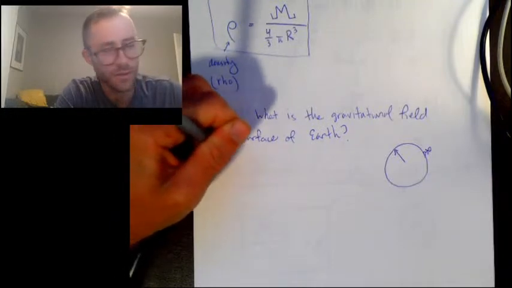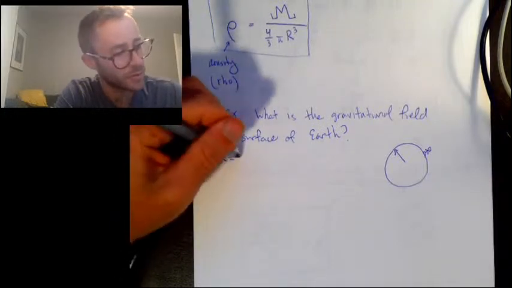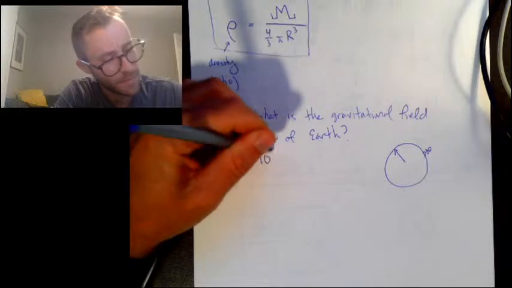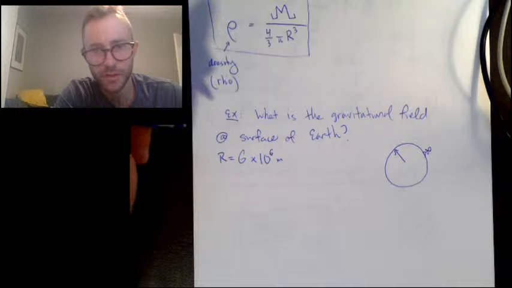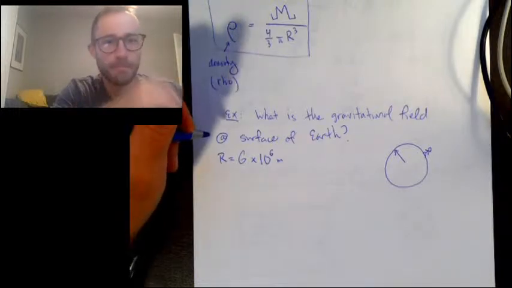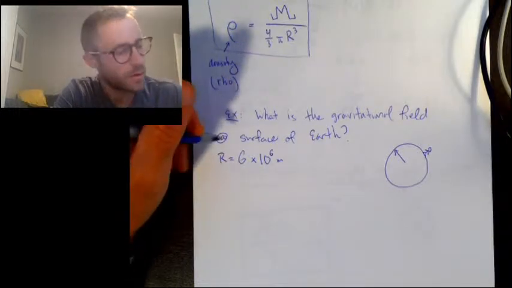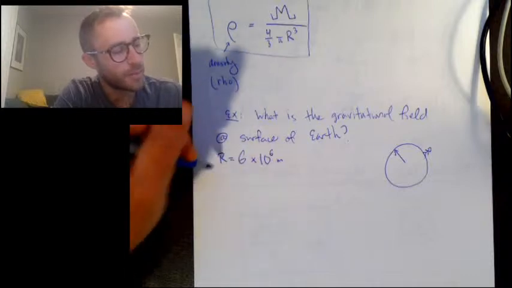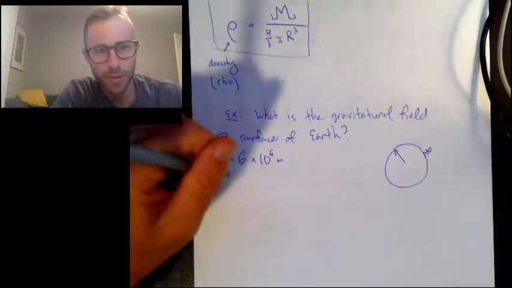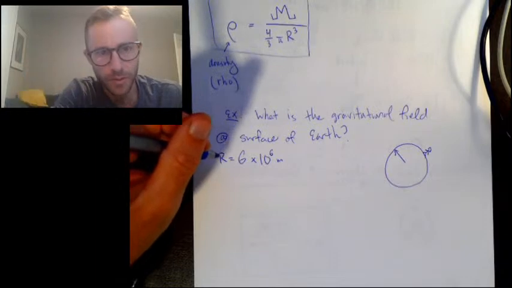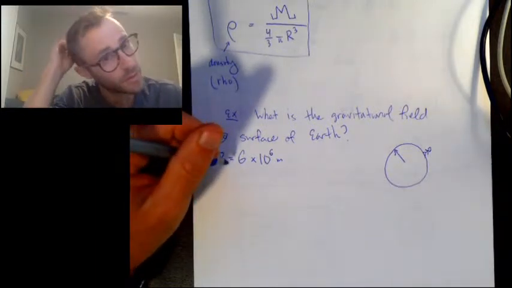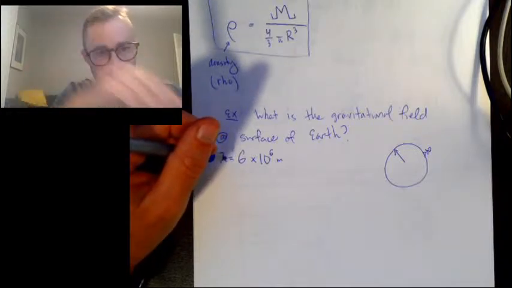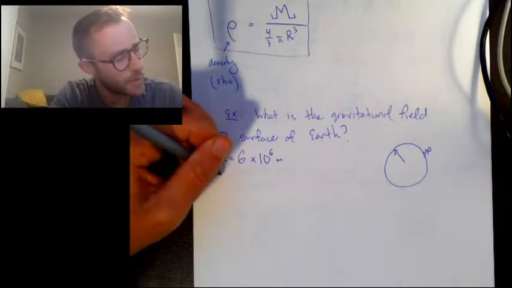So what is the radius of the Earth? It is 6 million meters. I use that in the circular motion lesson. Okay, so that's an approximation. That's just the number I have stored in my head. I think it's actually like 5.7 times 10 to the 6th, but I just store a nice round number in the head.